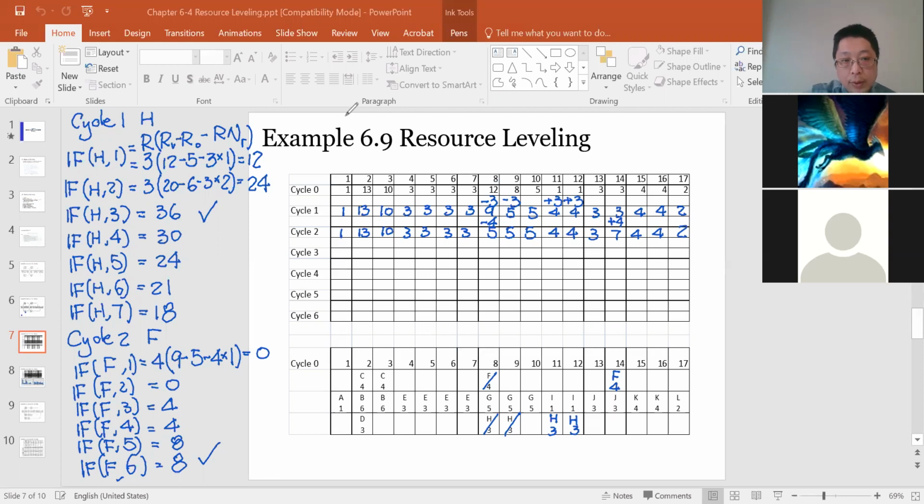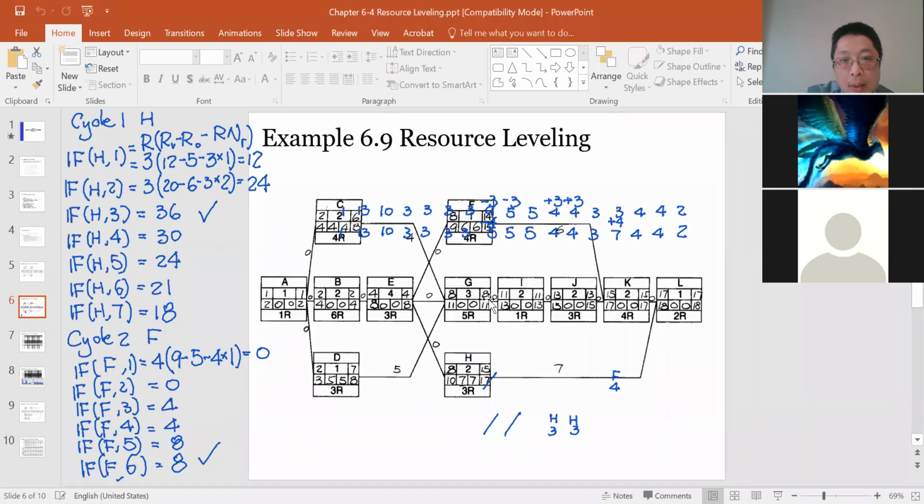Now let's see what next cycle we should do for the analysis. We need to go back 1 page to see what is next. I finished F, I finished H. Now we have C and D. The late finish of C is 8. The late finish for D is also 8.